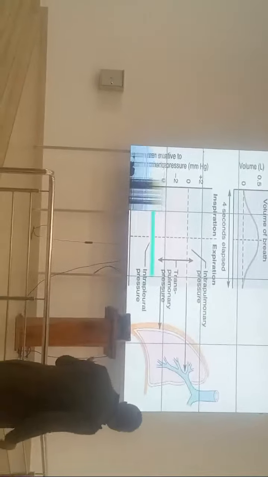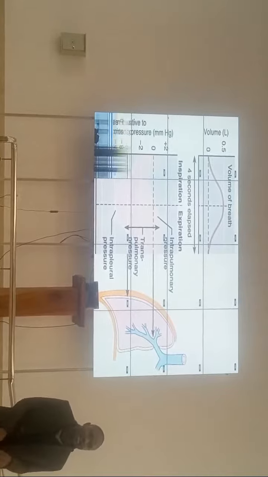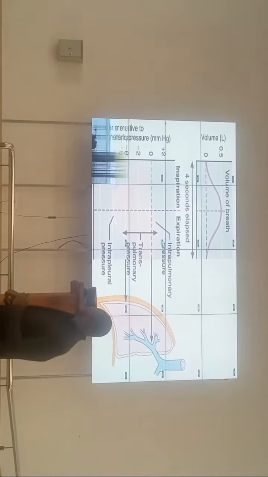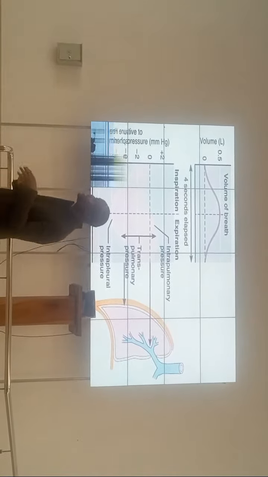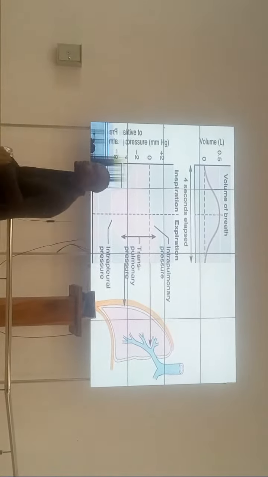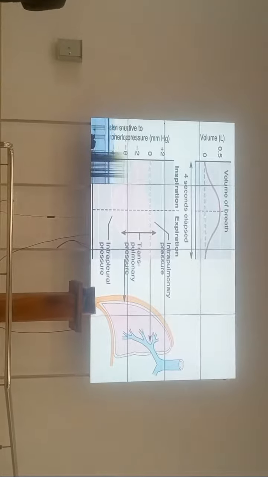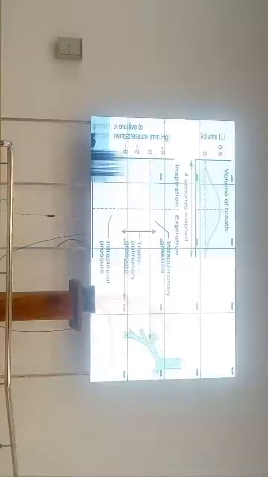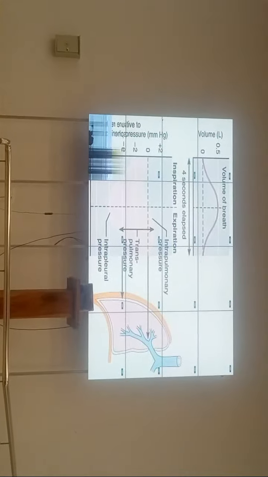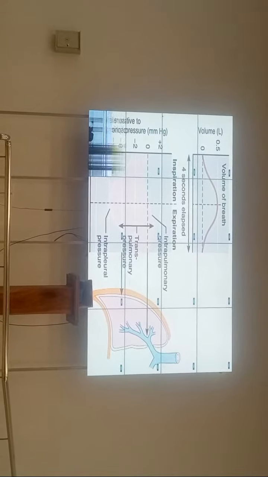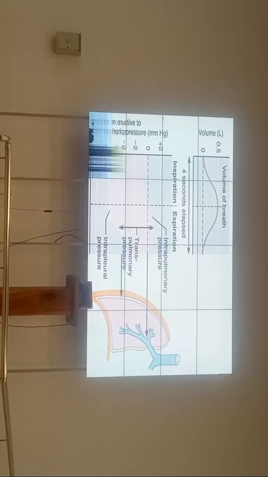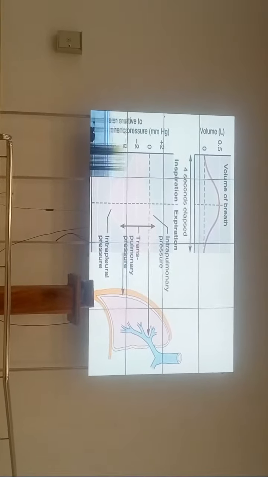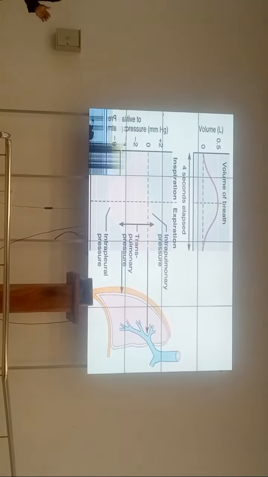Basically, like I said, the pulmonary pressure is inside the alveolus, and then you have pleural pressure inside the pleural cavity, and the difference between the two is called transpulmonary pressure. And we say the largest difference is seen when you are breathing in, where one is -1 and the other becomes -6.